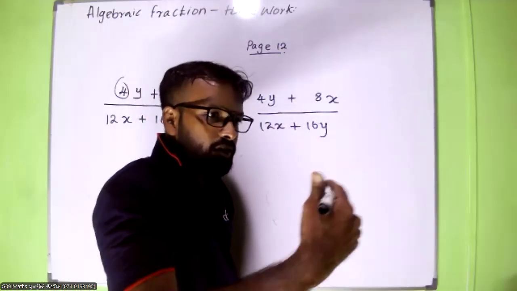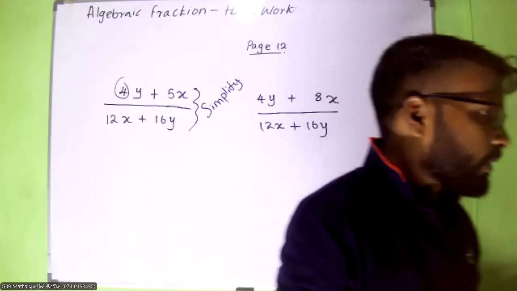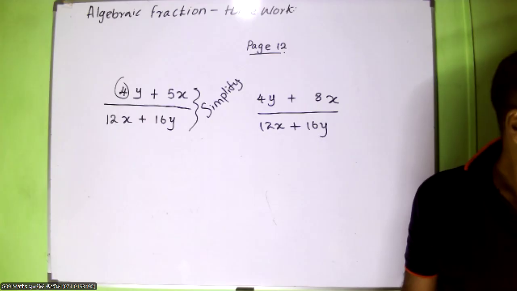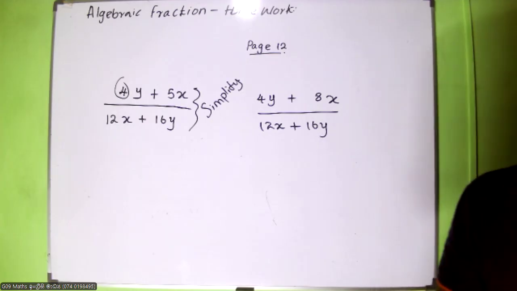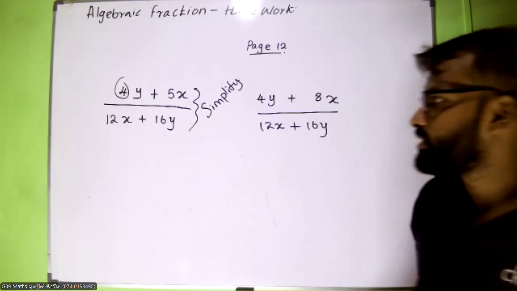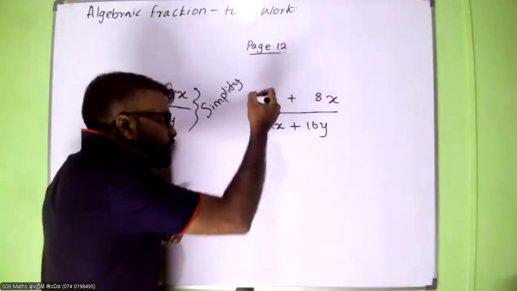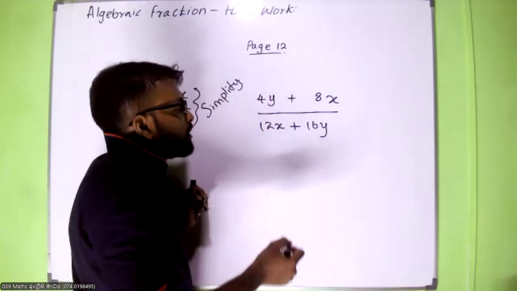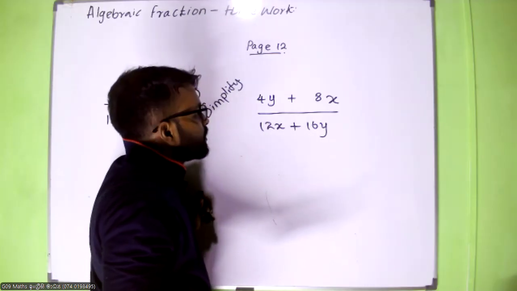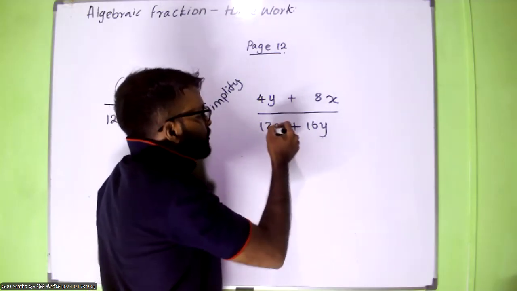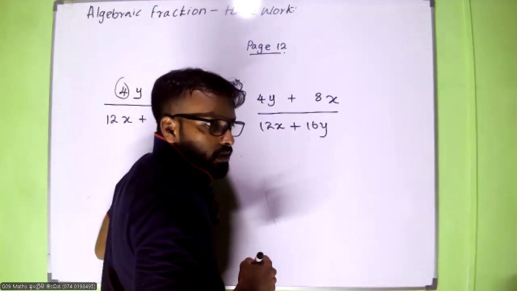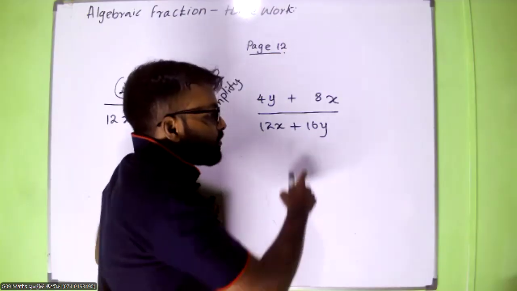Can you simplify it furthermore or not? Yes, so this can be simplified. How many 4s are there for 12? And how many 4s are there for 16?